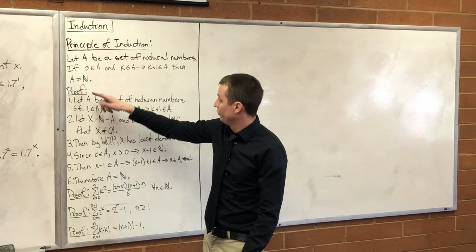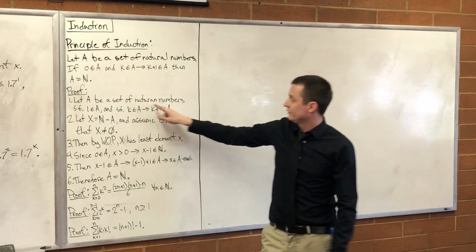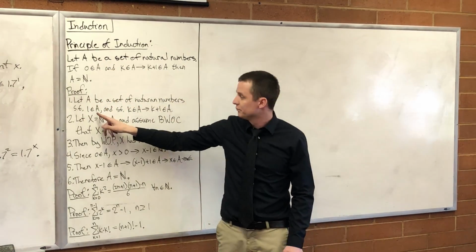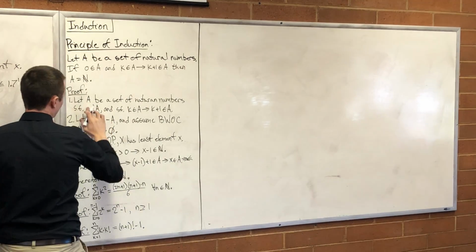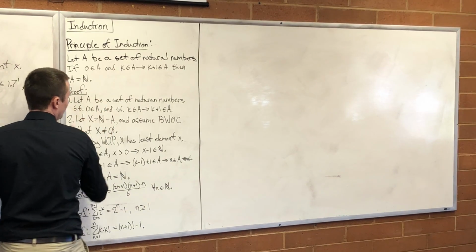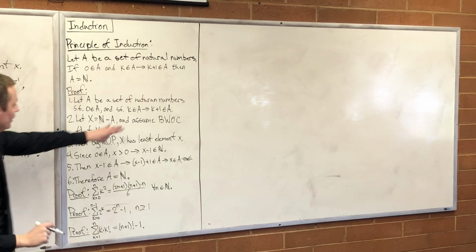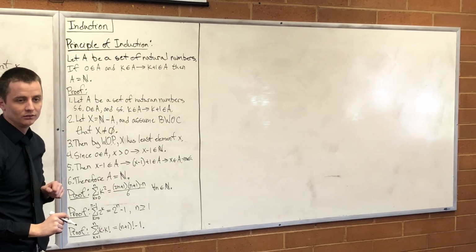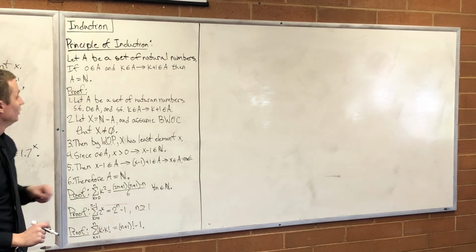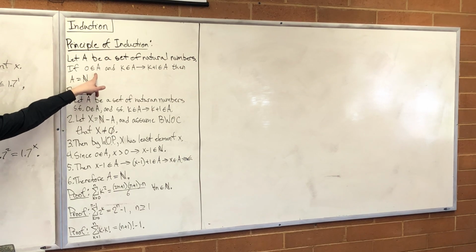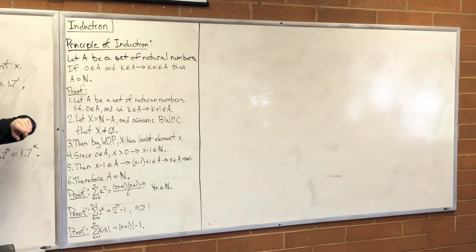So I'm going to prove the principle of induction. Let A be a set of natural numbers such that 0 is in A, not 1, sorry. Such that 0 is in A, and such that if K is in A, K plus 1 is in A. Just exactly what we said over here. Well, I thought you had to change it. So you have to make it not true.